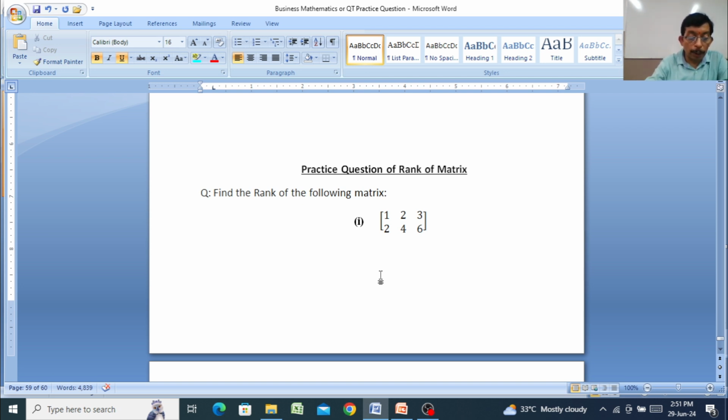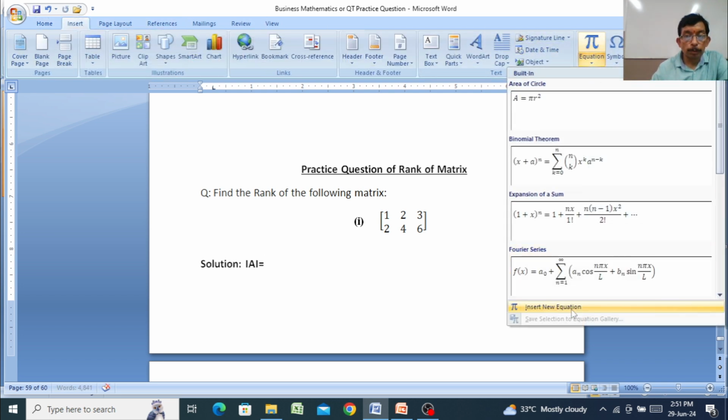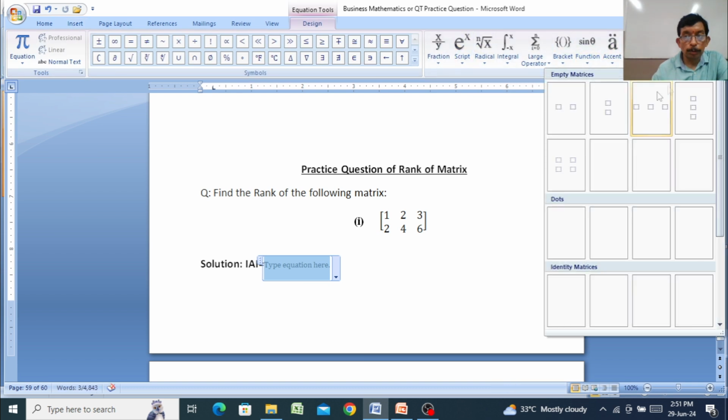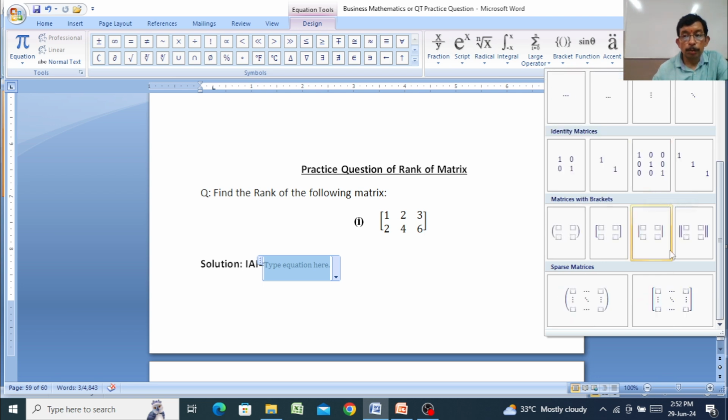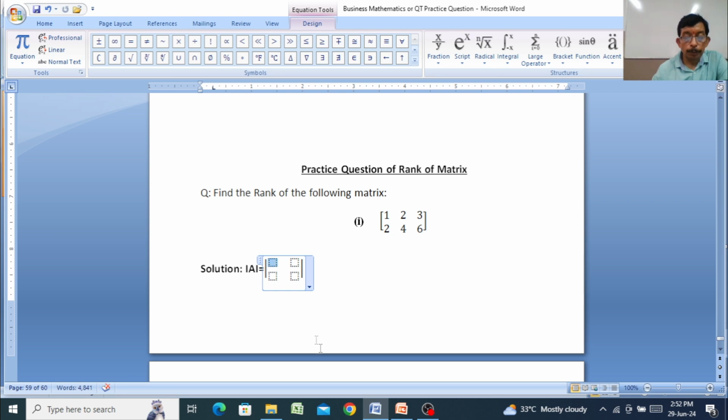So the determinant of A is equal to, first, the determinant of 2 by 2 order: 1, 2, 2, 4.